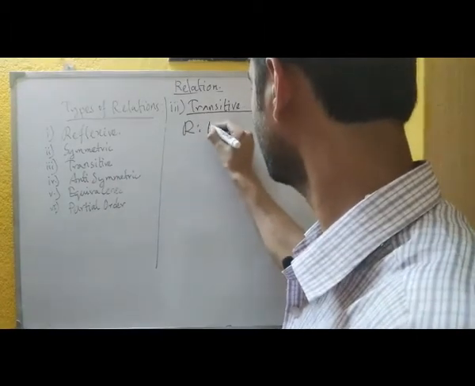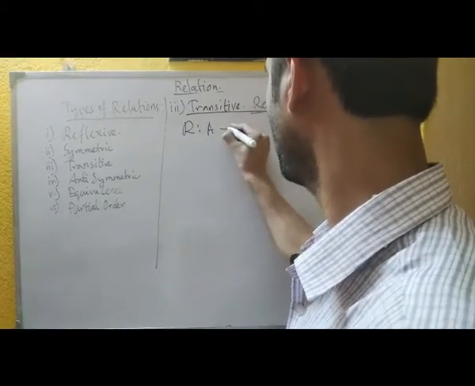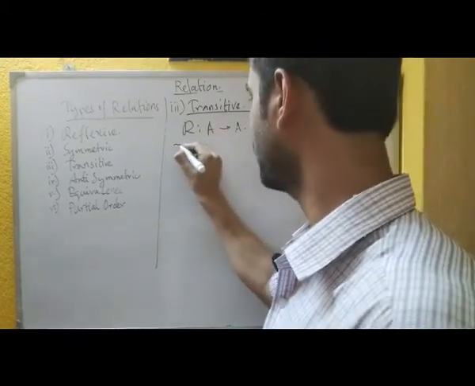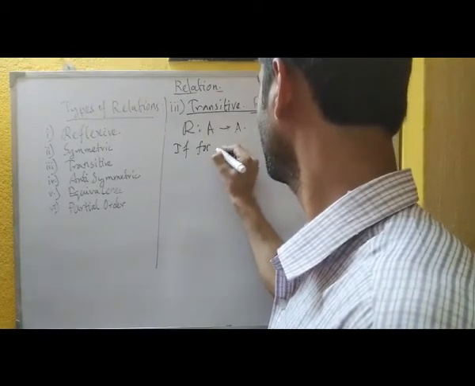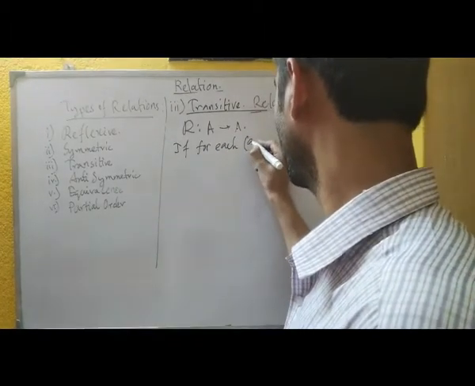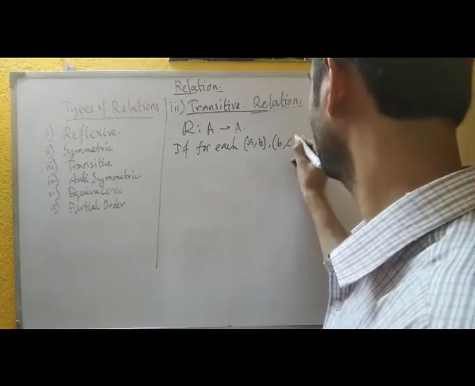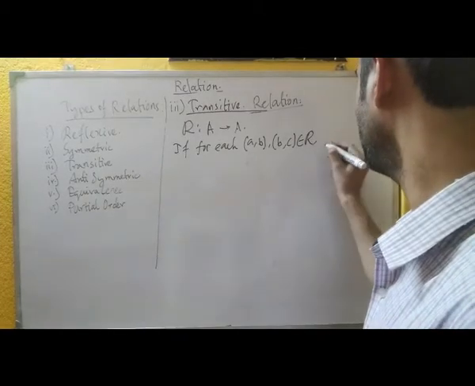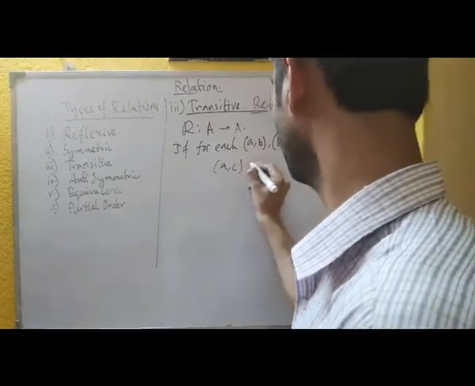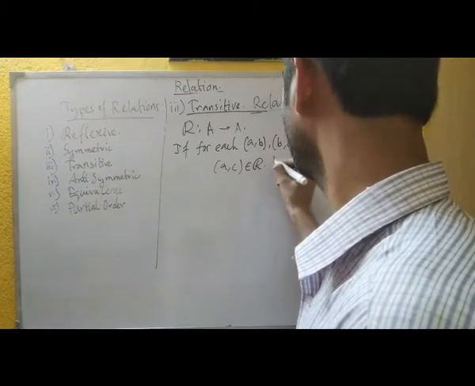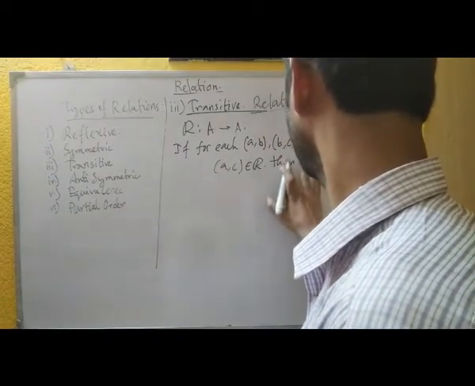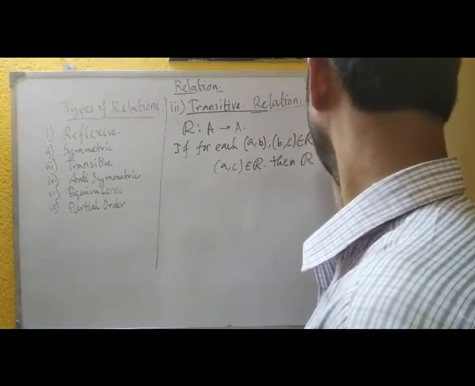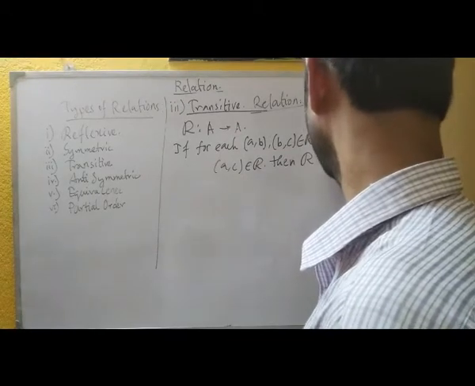Say again we consider R as a relation from A to A. Then we say that the relation is transitive if for each (a,b) and (b,c) belonging to R, the element (a,c) will belong to R. Then we say R is transitive.